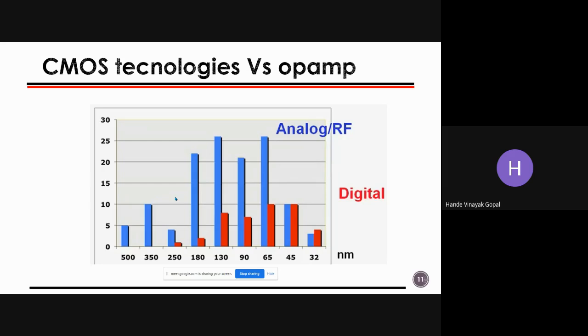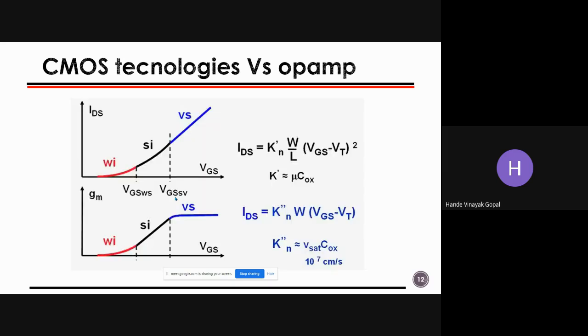At least in 65 nanometer, you are getting around 25. So from that, you can say it is challenging to design an operational amplifier at a lower technology node with high gain, and high gain comes with the benefit of accuracy.